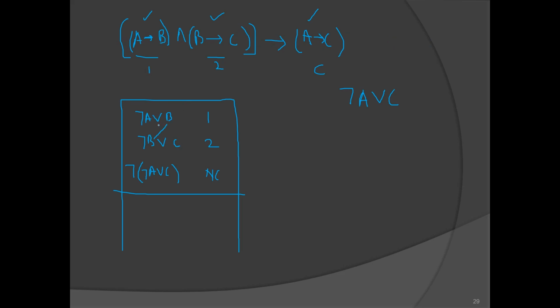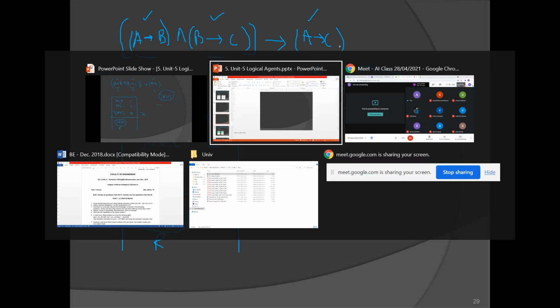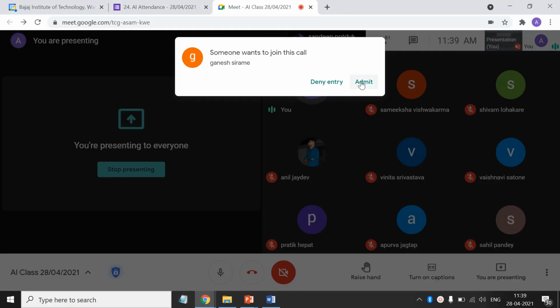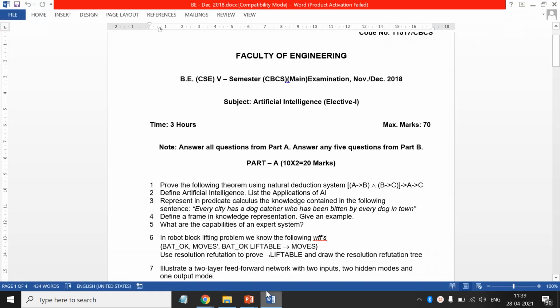Here we have B with the opposite sign, so that will get resolved and we'll get negation of A or C, right? Now if you replace this with R, here we have a negation of R. That means it is a contradiction. So our assumption is wrong, so this implies this thing, which is nothing but A implies C, which is proved, right? So this is how you can solve that problem.